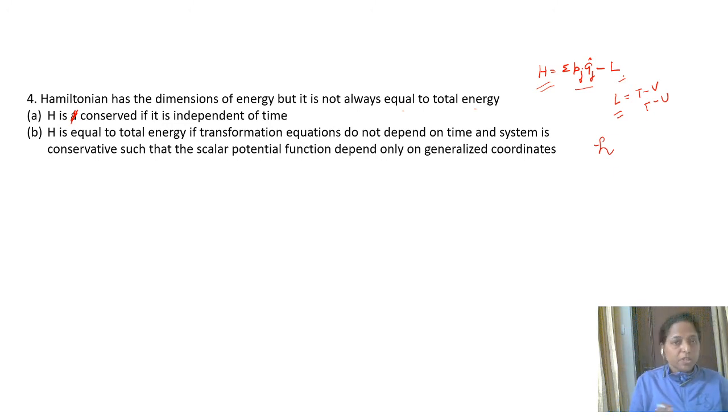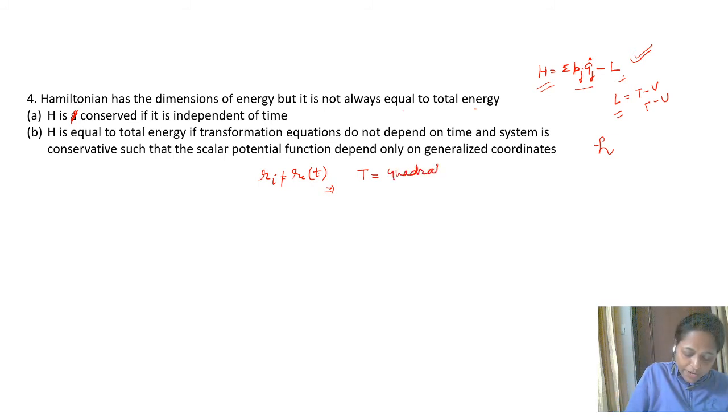The same is true in the phase space for Hamiltonian. Your transformation equations are not depending upon time. You have defined your h like this, right? Transformation equations are not depending upon time. That means your Ri are not a function of time. So in that case, your kinetic energy was a homogeneous quadratic function in Qj dot.